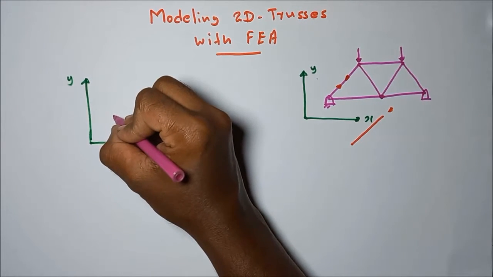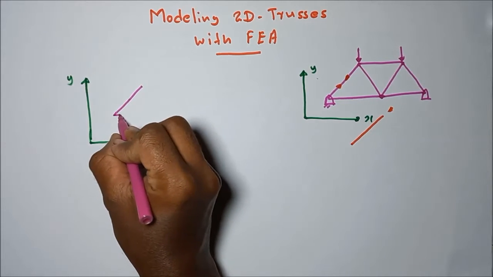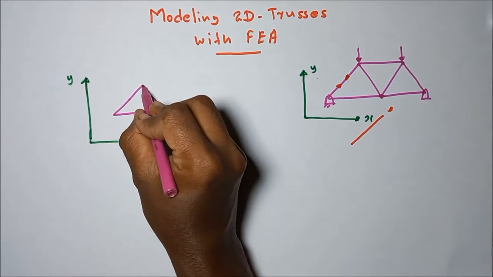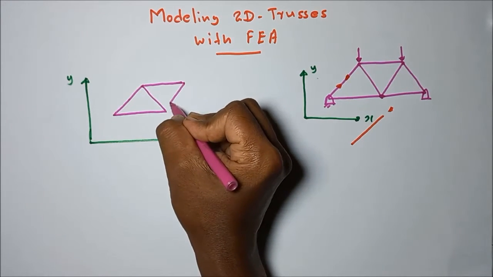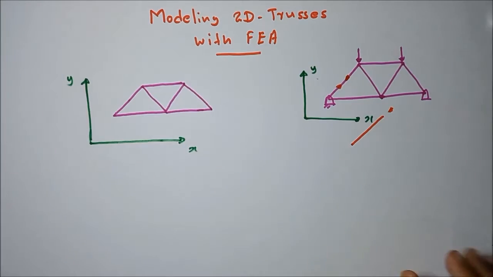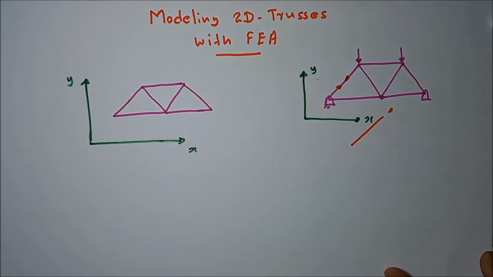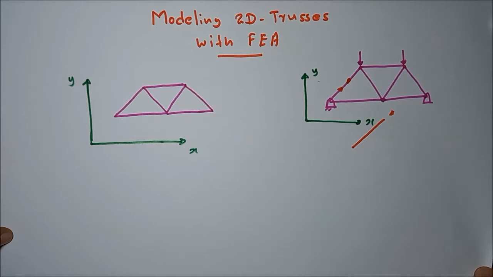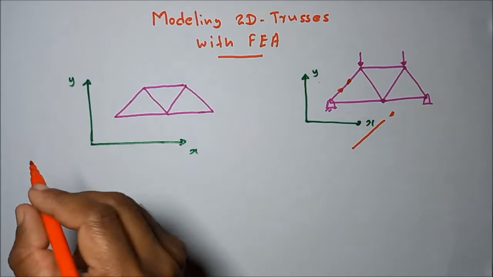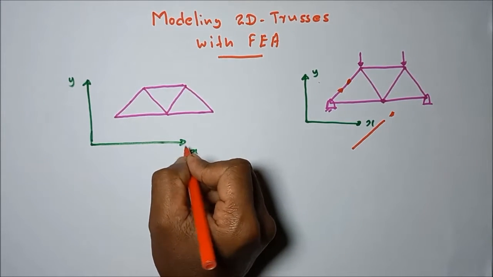Let me draw the truss structure. Let's take something like this kind of truss structure. Let's take these points as the global coordinate x and y directions.